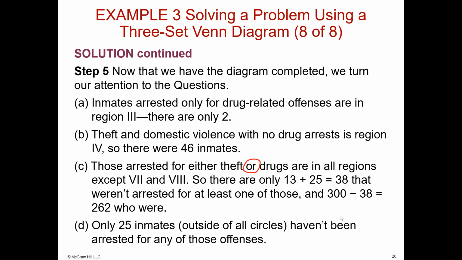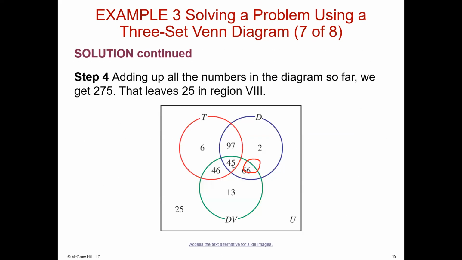So you add all the numbers in the theft circle and then all the numbers in the drugs circle. But don't double count the 97 and the 45. So it's only 6 plus 46 plus 97 plus 45 plus 2 plus 66.